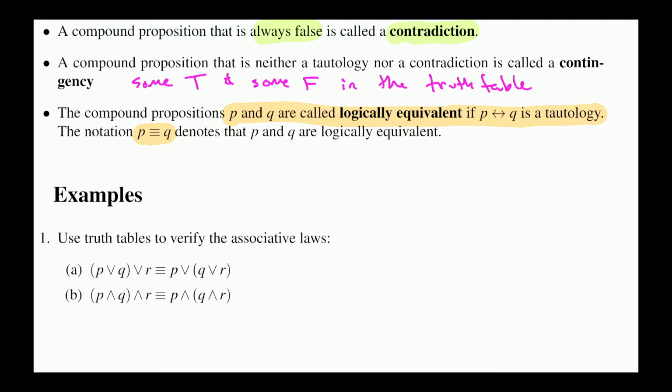That's why it looks like an equal sign, because we want to say that they're like equal, but it's not equality. In this case it's logical equivalence, but they don't want to use an equal sign, and so they use this sign instead.